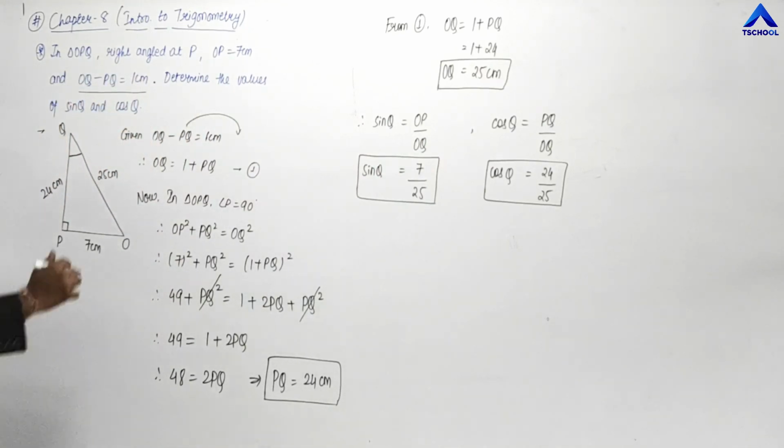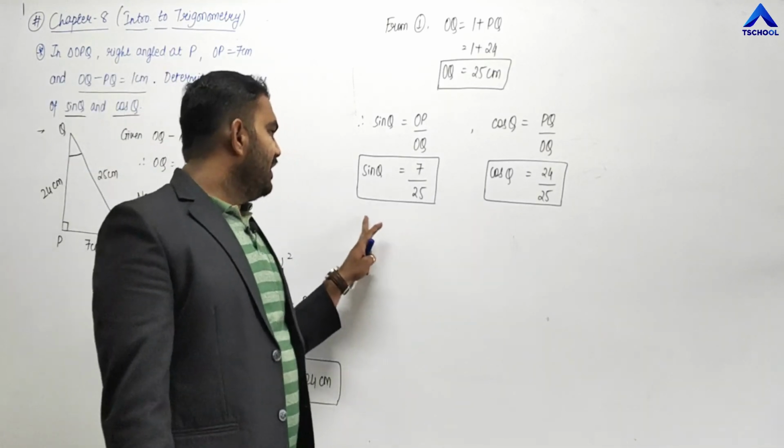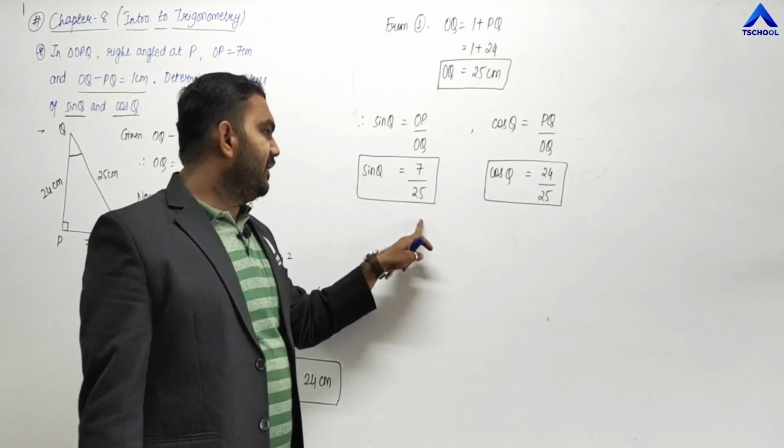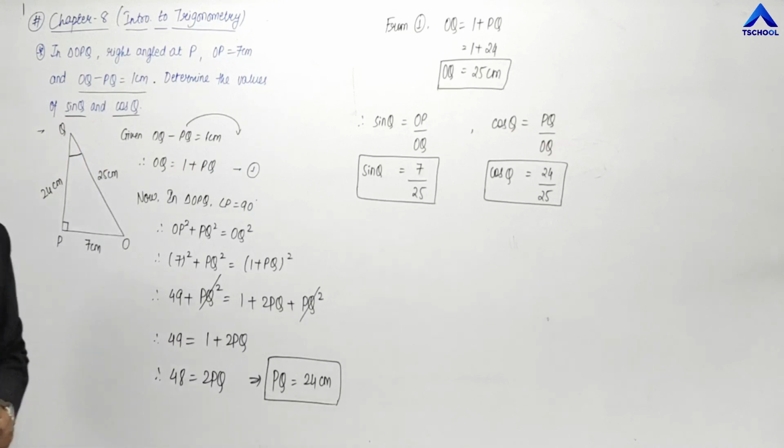So here we get the required ratios of sin Q and cos Q, as sin Q equals 7 upon 25 and cos Q is equal to 24 upon 25.